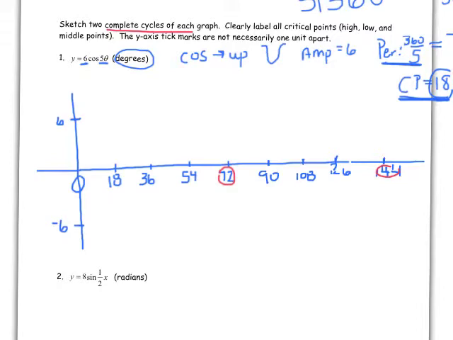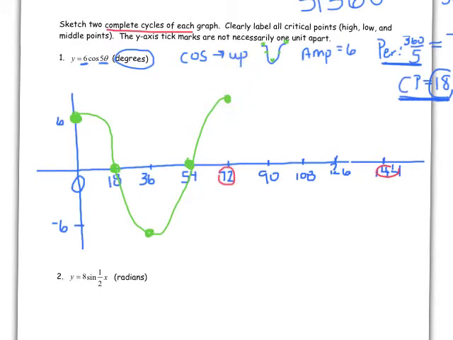Alright, cosine starts at the up, then it goes to the middle, down, middle, up. So we're going to start at the up, go to the middle, down, middle, up. That's one cycle. Now, if you wanted to go ahead and graph that cycle, you could. Now we got to do the second one. So the second one, you still start here. We start at the up.